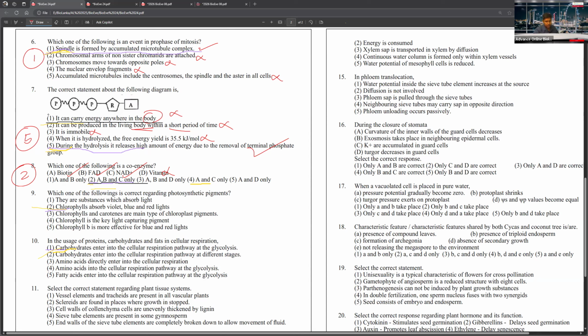Substances which absorb light. Correct regarding photosynthetic pigments, they are substances which absorb light. Correct. Chlorophyll absorbs violet, blue and red light. What do you say about it?